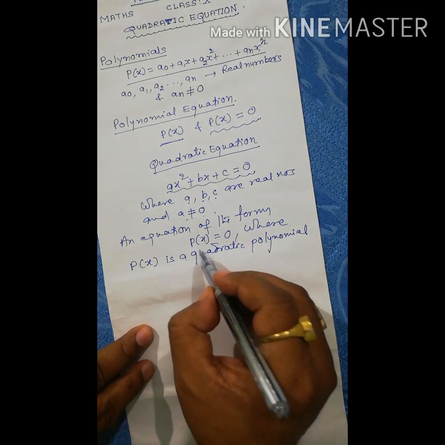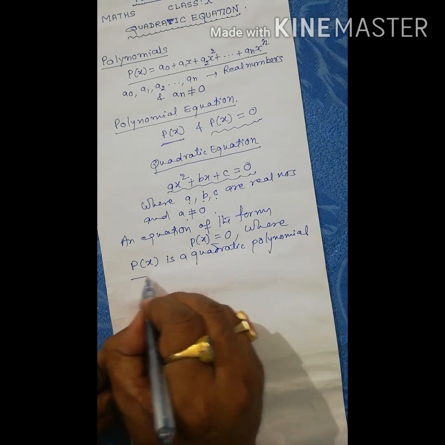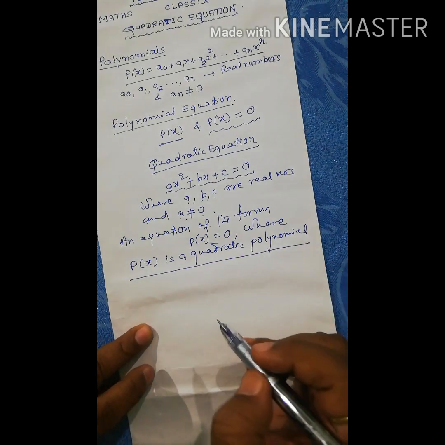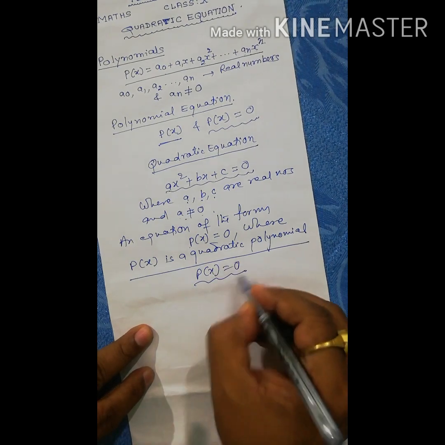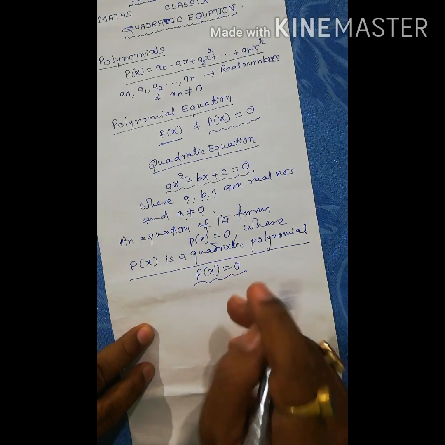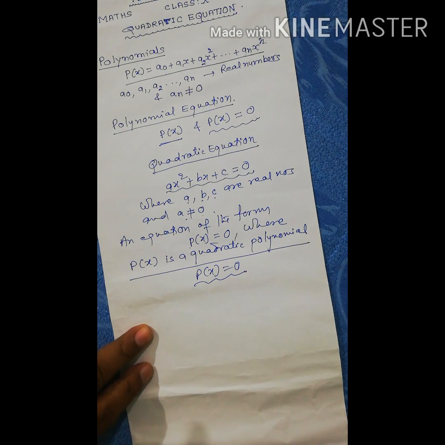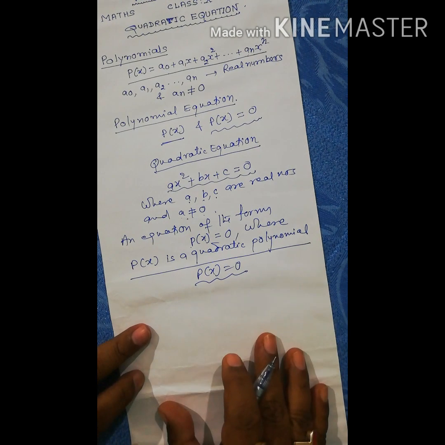Then the equation is called a quadratic equation. So p(x) = 0 is a quadratic equation if p(x) is a quadratic polynomial. I think it is clear what a quadratic equation is.